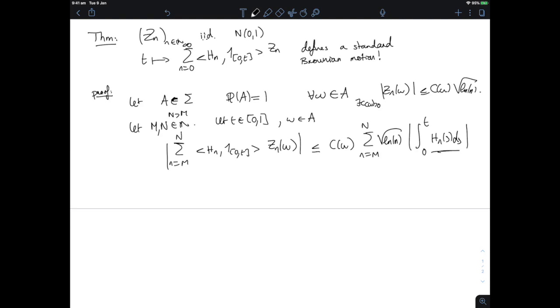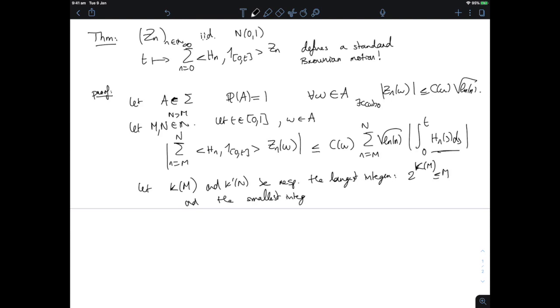So in order to do that, let me just have some notation. Let's call k(m) and k'(n) be respectively the largest integer such that 2 to the k(m) is smaller than m, and the smallest integer such that 2 to the k'(n) is greater than n.